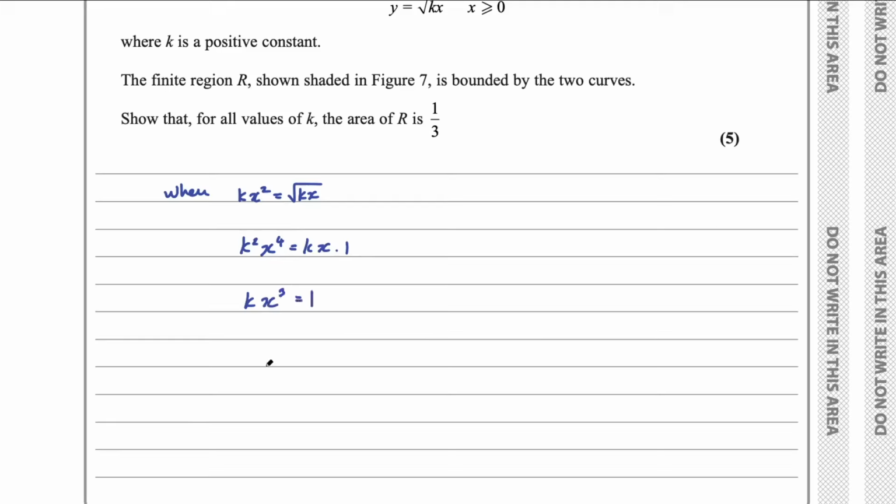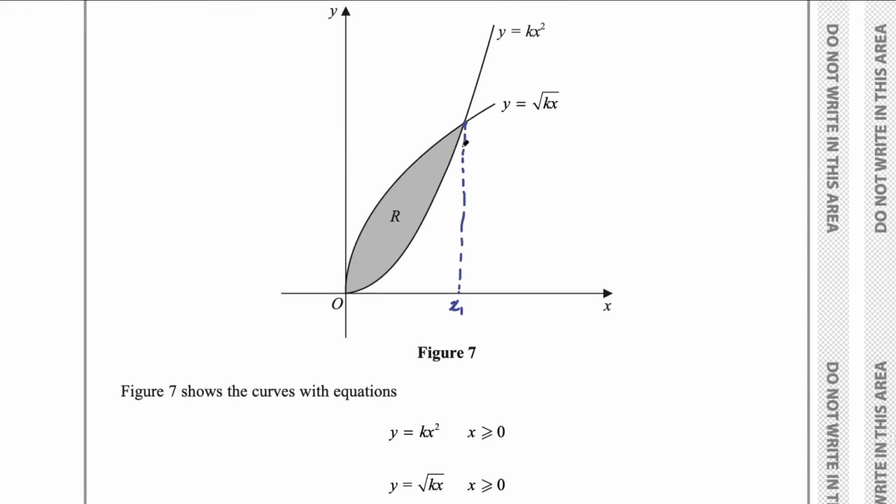Then divide by k because we want to make x the subject. So x cubed equals 1 on k, then take the cube root of both sides, and x equals the cube root of 1 on k. That is the x value where the curves intersect and the upper bound of the area.